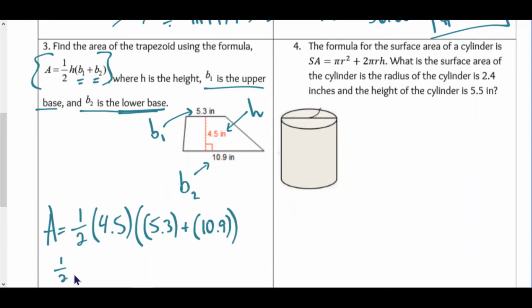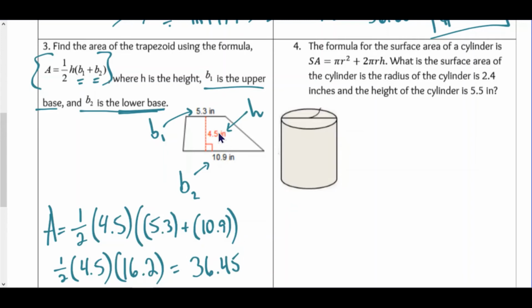So I'm going to do 1/2 times 4.5 times, I'm going to simplify inside the parentheses first. That would give me 16.2. And then I'm going to multiply all 3 of these together. And that gives me a final area of 36.45.